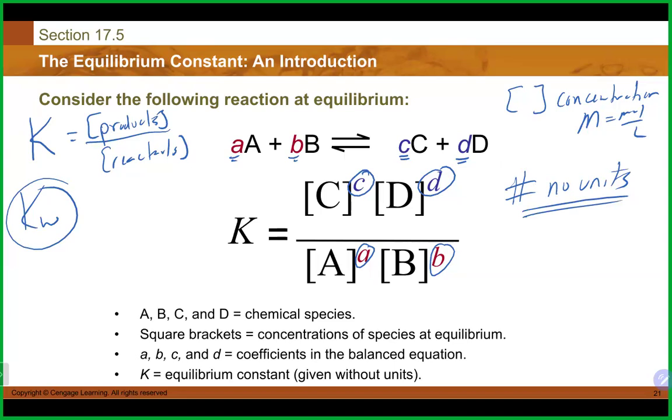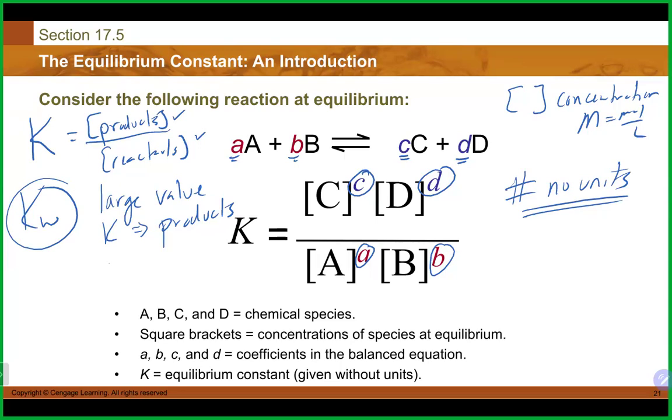Now, what does K tell you? Well, K can tell you a couple of things. If you have a large value of K, that means that when you reach equilibrium, you should mainly have products. If you just think about it mathematically, if I have a big number on top divided by a small number, that's going to give me a big number.